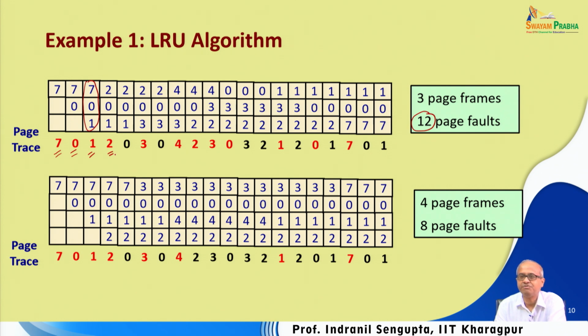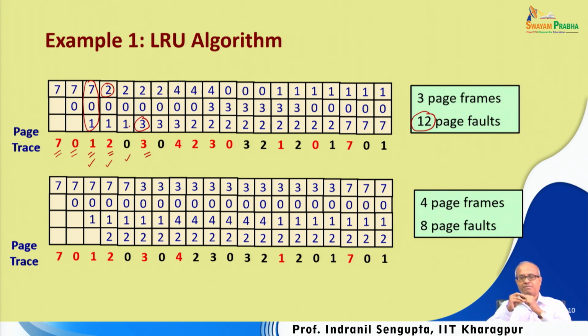Out of 7, 0 and 1, which is the least recently used? 1 is most recently used, 0 is next most recently used, 7 is least recently used. So, replace 7. Then 0 is there, come to 3. Out of 2, 0 and 1, which is least recently used? 0 is here, 2 is here, 1 is here. So, 1 is least recently used. So, replace 1 and bring in 3.